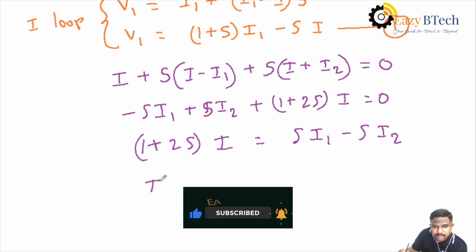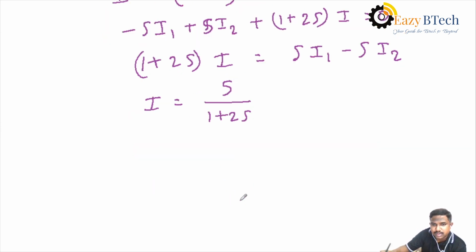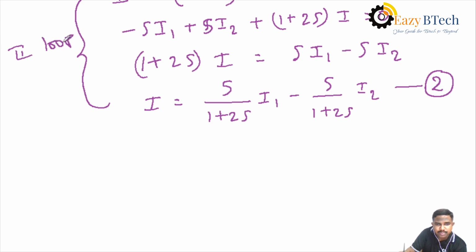From that, the value of I is S by (1 plus 2S) into I1 minus S by (1 plus 2S) into I2. This is equation 2, which comes from applying KVL to the second loop.